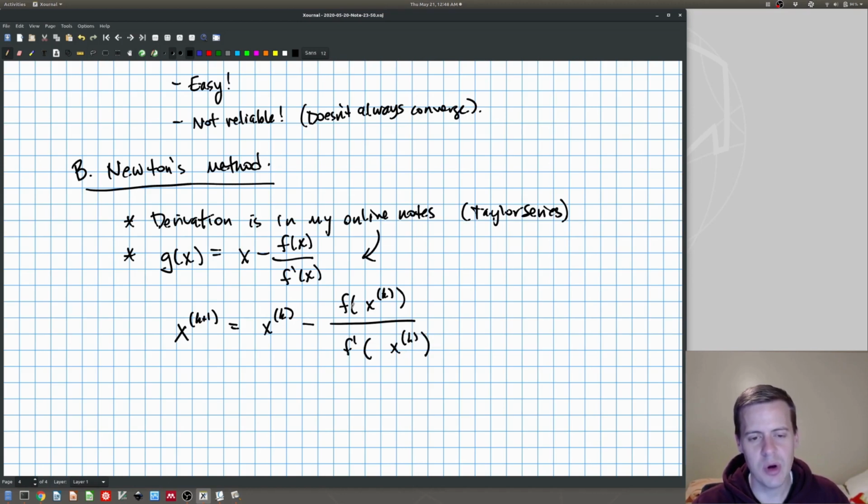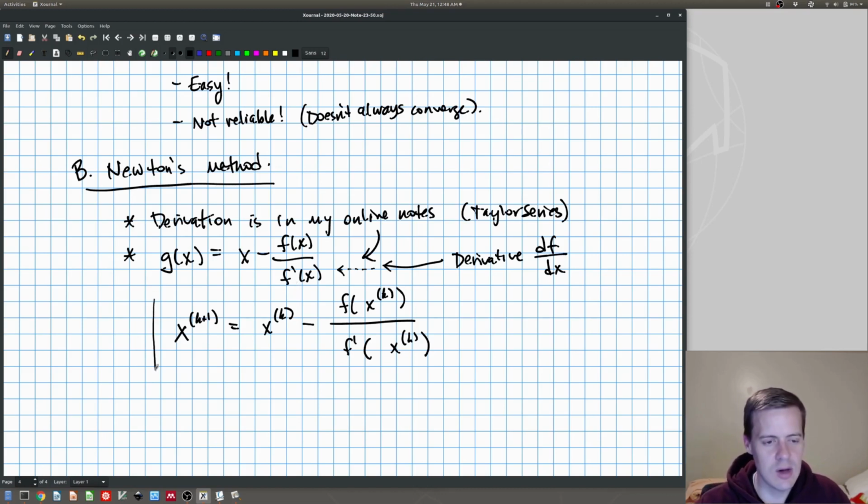Okay, and this f prime here in the denominator, I neglected to say, that's the derivative. Okay, so that's df dx, the first derivative of f with respect to x. All right, so this is Newton's method right here.